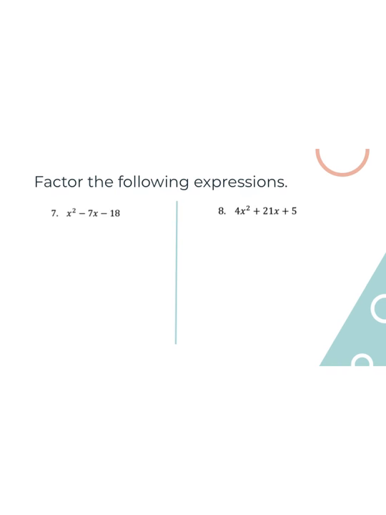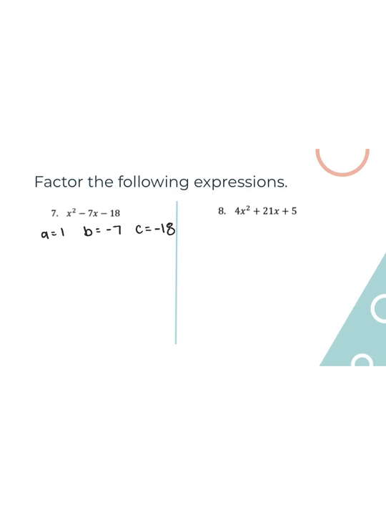Okay, number 7. Let's try to do this one with our shortcut that we know, okay? Because our A value is a 1, and as long as your A value is a 1, you can do this. So my A equals 1, my B equals negative 7, and my C equals negative 18.